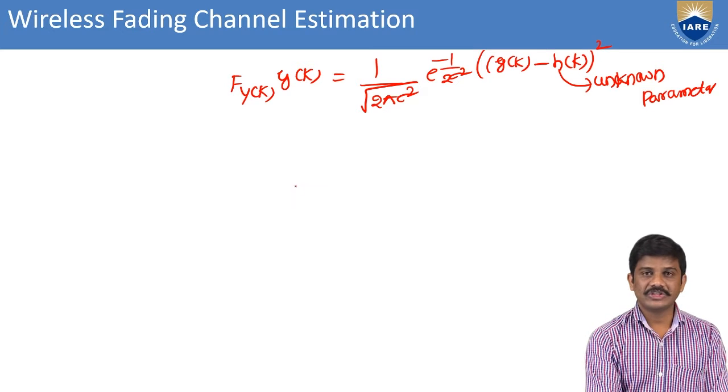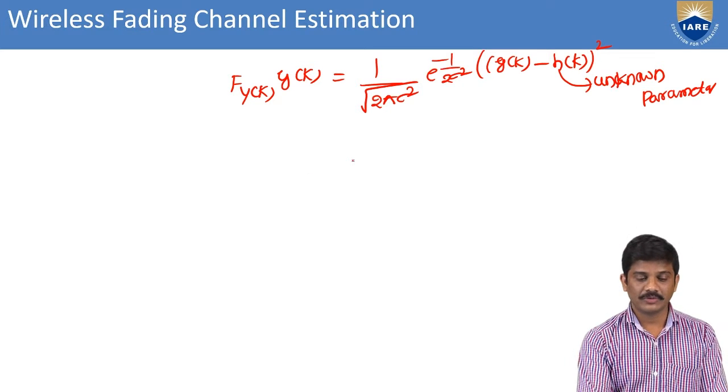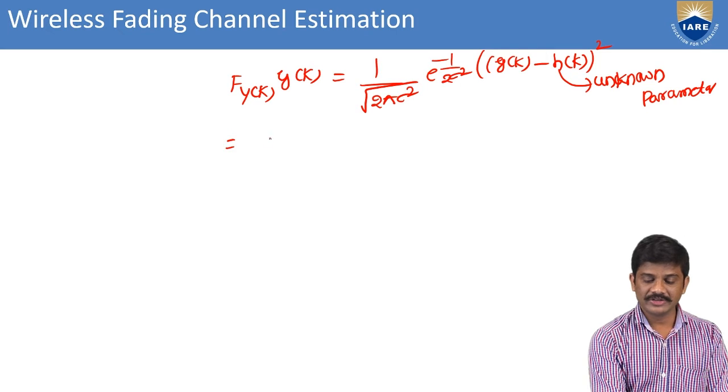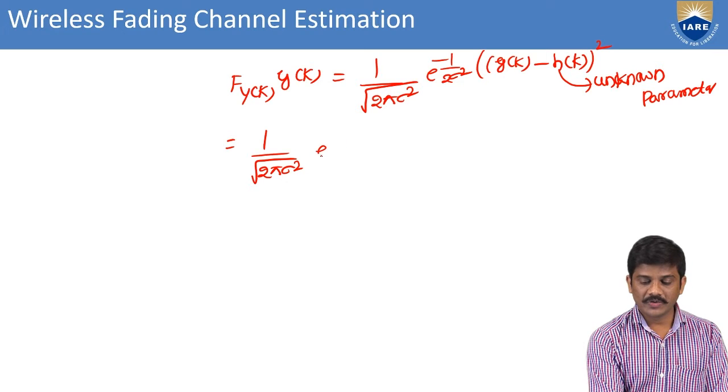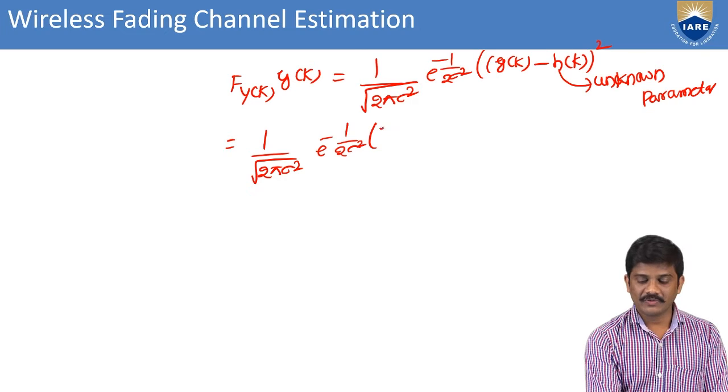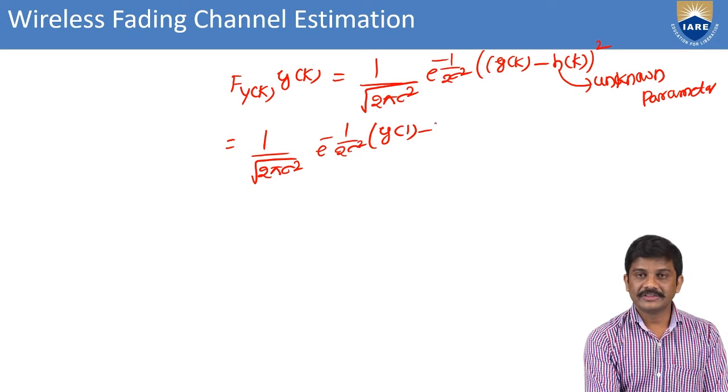From this pdf, we go for the individual terms: 1 by under root 2 pi sigma square e power minus 1 by 2 sigma square (y of 1 minus h of 1) whole square.